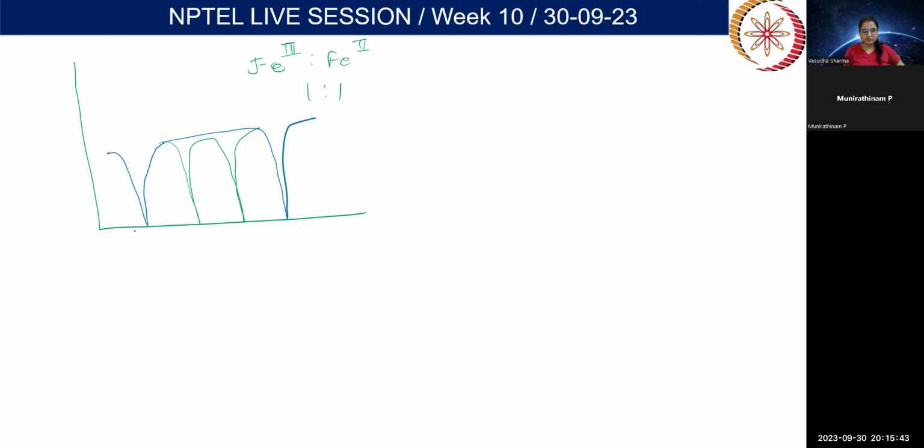So if you see, both have the same intensity. The transmittance is nothing but the intensity also. It is the intensity measurement. That is the case when both Fe +2 and +3 exist as 1:1.